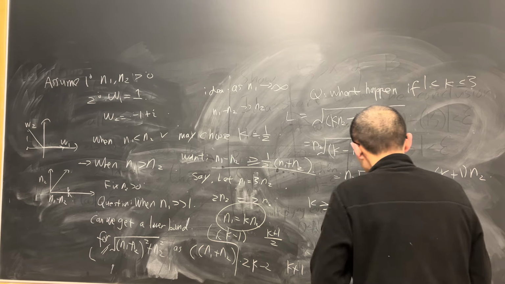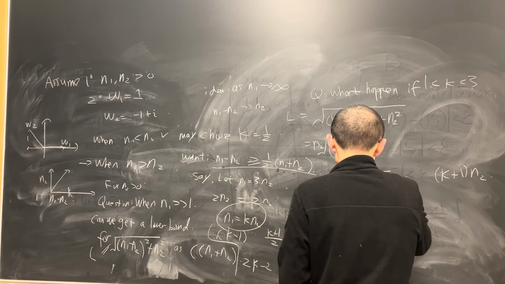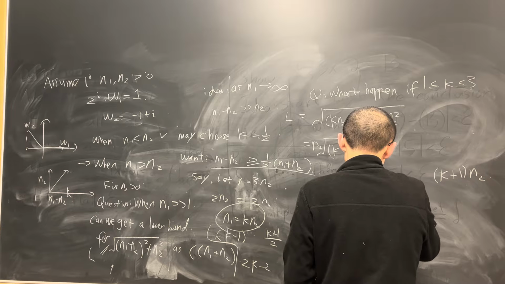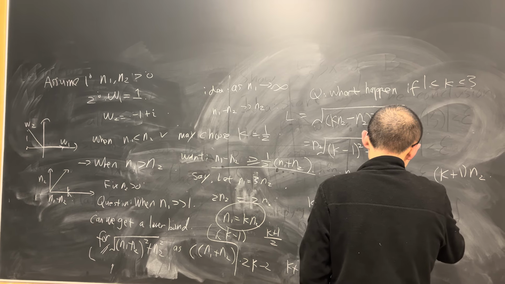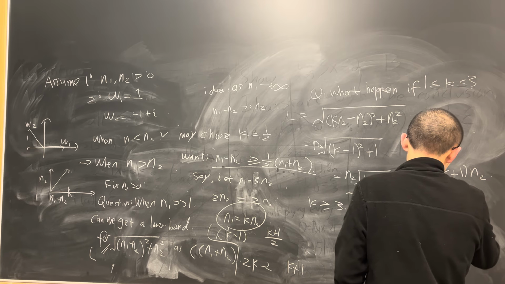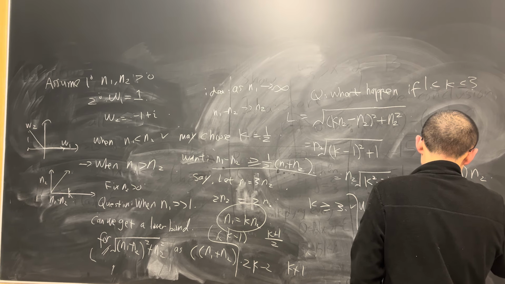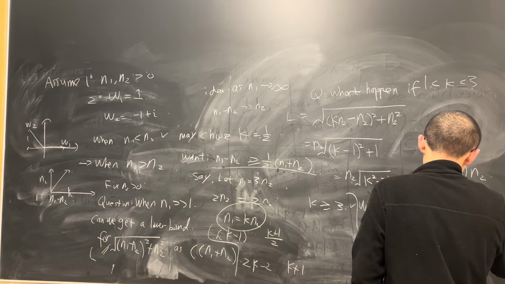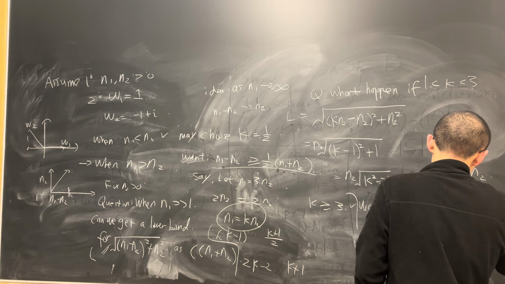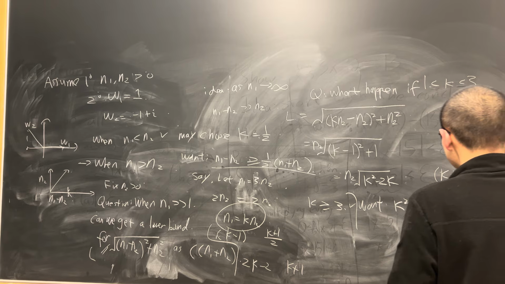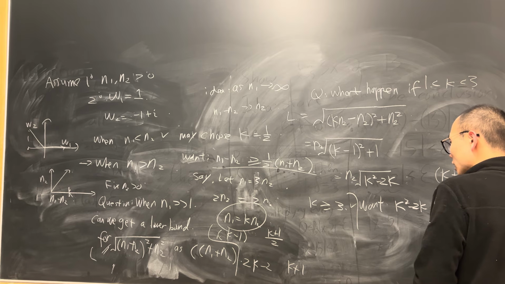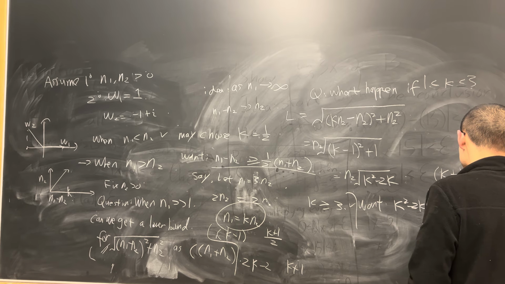So what I want is that I want this k squared minus 2k to be bigger than the k plus 1 squared, which is k squared plus 2k plus 1. Oh, sorry, this may not be true, but over some constant.